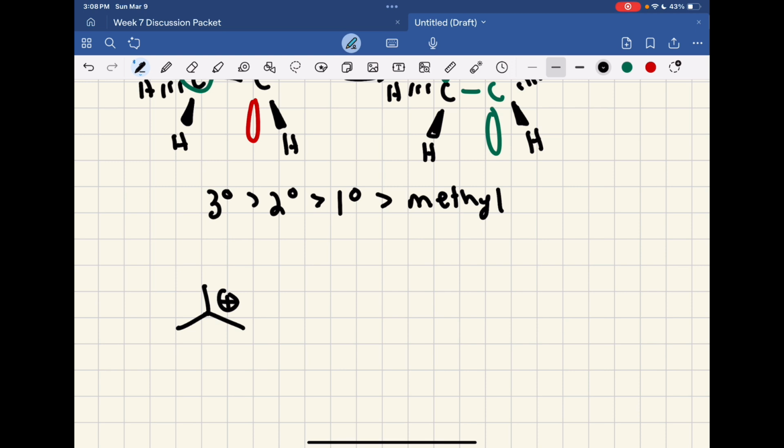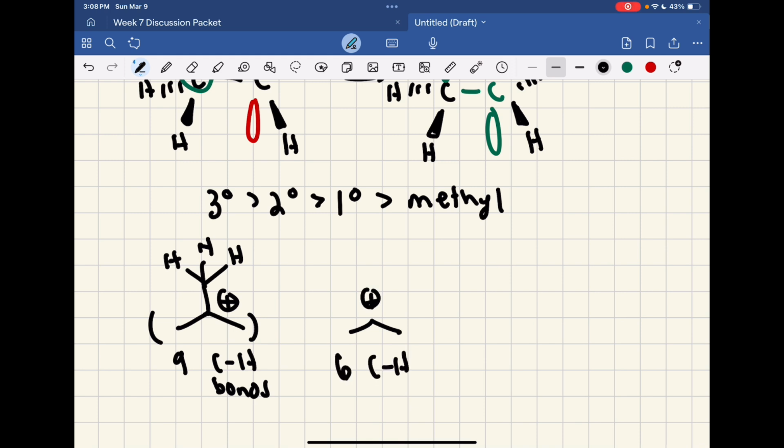Actually, you have 9 possible CH bonds here, 3 on each of these, on all of these carbons, that could potentially lean over and stabilize that deficiency. But if you had a secondary, you could imagine there is a total of 6 CH bonds here and here.